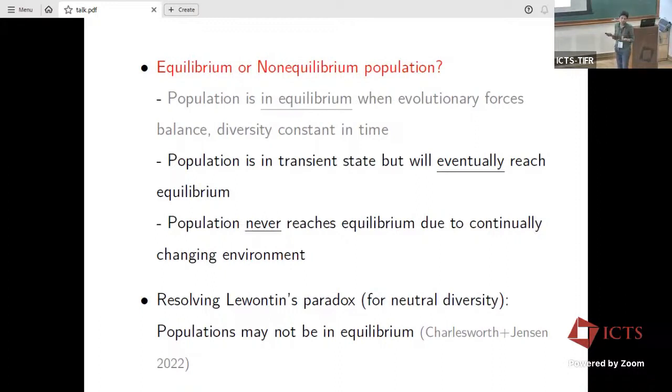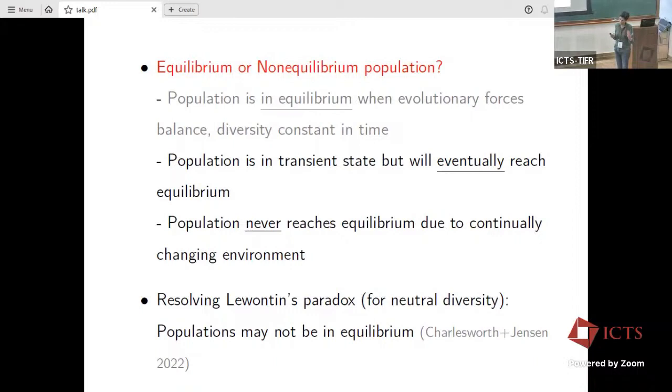And one reason I'm interested in looking at these problems is, well, why not? There is time. We should look at things dependent on time also. But also, perhaps some of you already have heard of Lewontin's paradox, which says that the neutral genetic diversity in real data is smaller than what we expect from neutral theory. So I'm not thinking only about neutral diversity, but diversity in general.